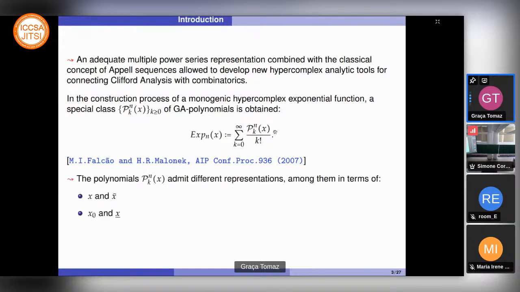These polynomials admit different representations that lead to the appearance of different coefficients in each one of them. Among these representations are representations in terms of a vector and its conjugate, and in terms of a scalar part and a vector part of a paravector.